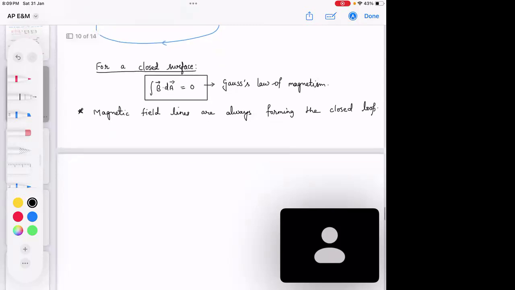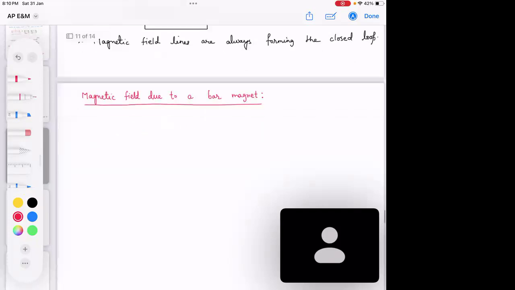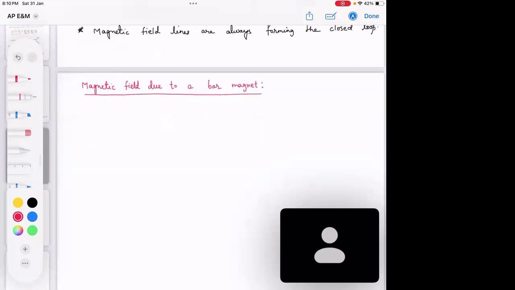Now, the next thing is, if we try to calculate the magnetic field, what are the factors on which the magnetic field depends? Let's first write the magnetic field due to a bar magnet. As we go away from the bar magnet, the magnetic field is going to decrease.